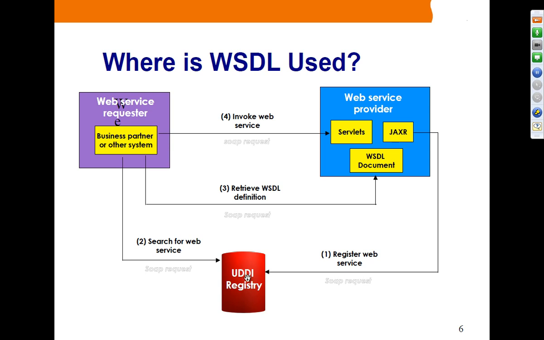It provided the location of the WSDL document of each service. Now, UDDI is rarely used these days, so this is probably not important. The way the client can get access to the WSDL document is maybe the service provider will post it on the website, or it might send the WSDL document to the client through email.